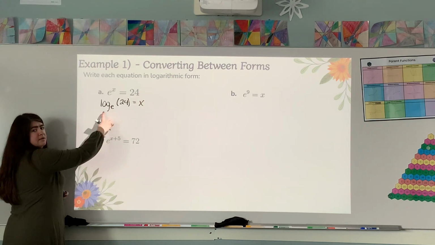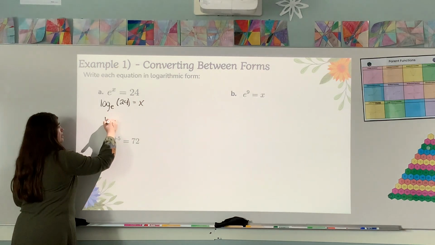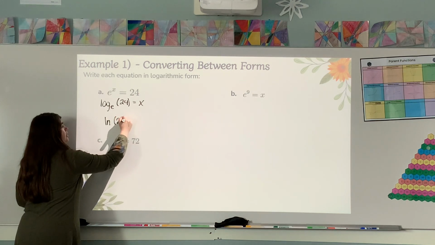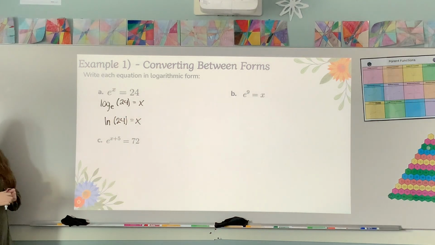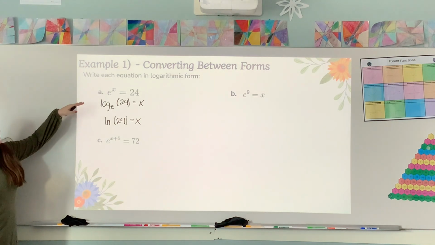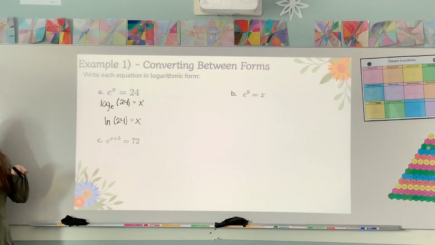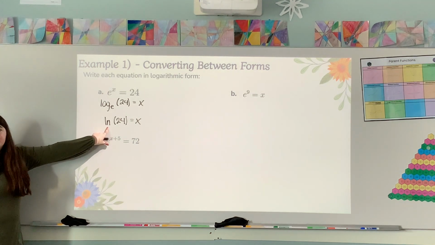But we don't write natural log like this. We write it as ln of 24 is equal to x. You don't really need to do the first step, I'm just taking the time to go step by step to make sure that we know where this is coming from.